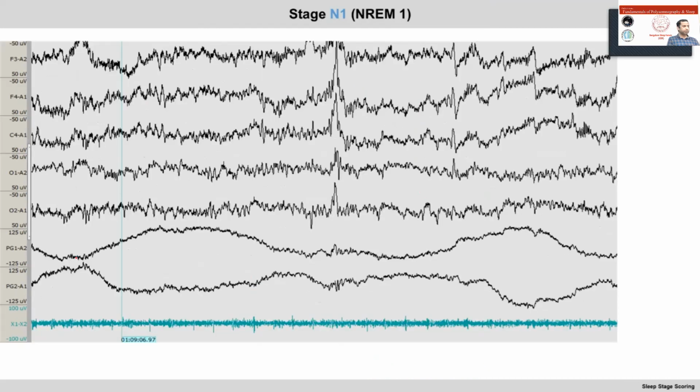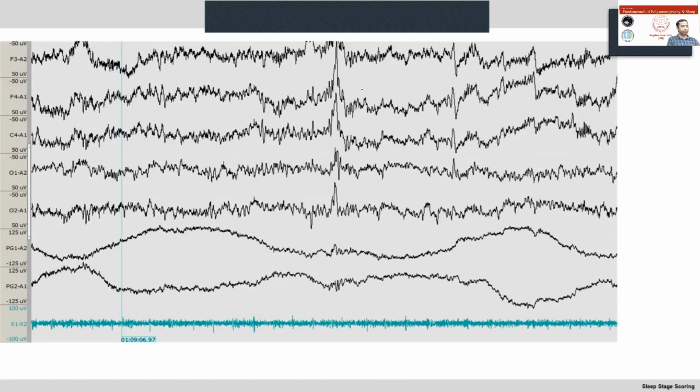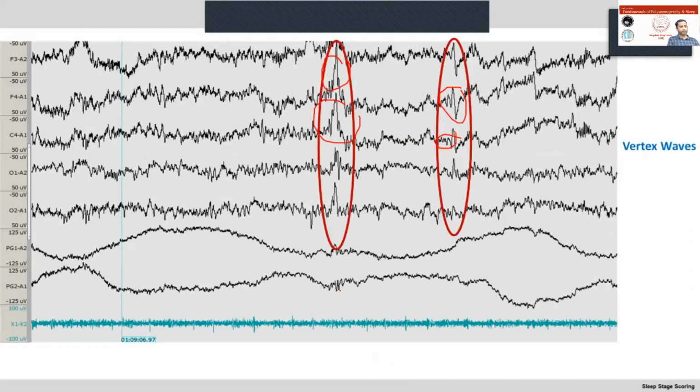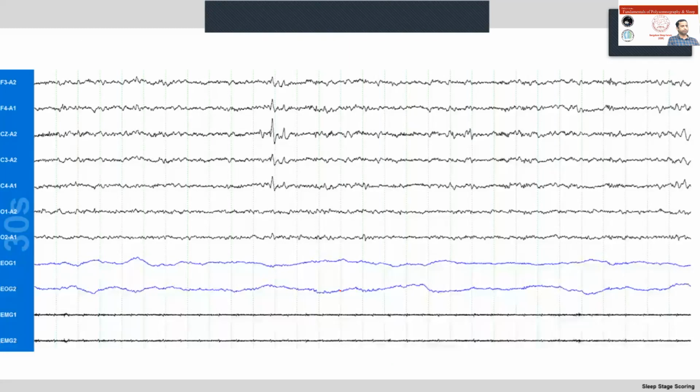So you can see this also. Okay, stage N1 output. Here your vertex wave is there. Okay, this is called vertex wave. Vertex waves are mainly present in the central region. If you see, it is more prominent here also, the central region. Slow eye movements are also there. So these are the vertex waves, and this is how it looks in a conventional polysomnography epoch.